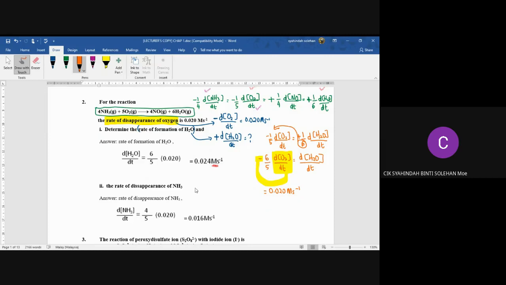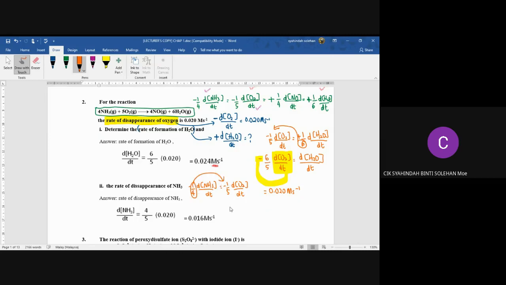So therefore, you know negative 1/4 the change in concentration of NH3 over dt, okay, equals negative 1/5 the change in concentration of oxygen over dt. Now we want to make this the subject, okay. So the 1/4, you have to bring over here.